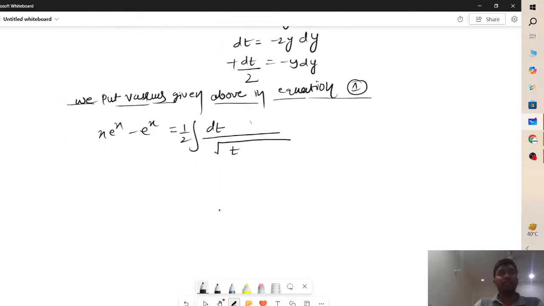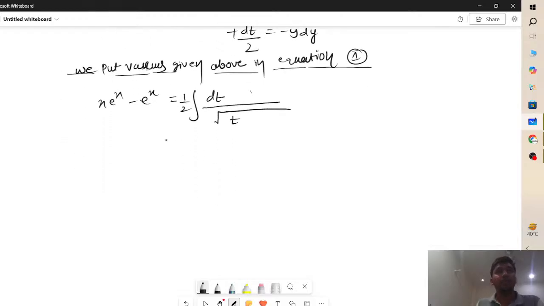Okay. Now see, can we write half of the integration of t raised to the power minus 1 by 2 dt.